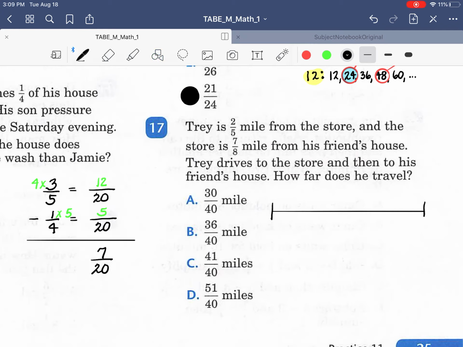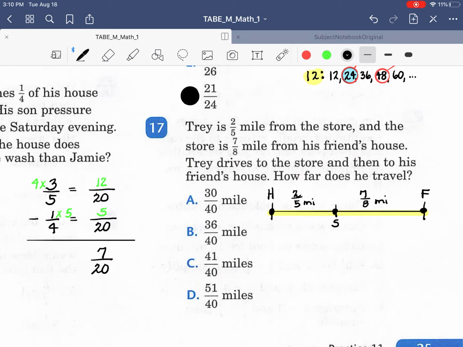Well, since he's moving, I'm going to draw this problem. So Trey leaves home. I'm going to call that H. And he goes to the store. And they tell us that that is 2/5 of a mile. And that his friend's house is 7/8 of a mile from the store.